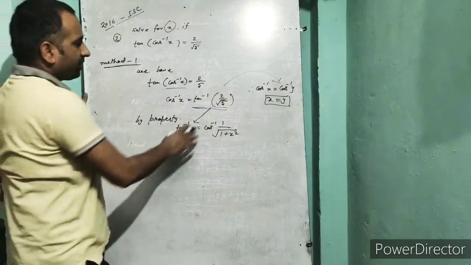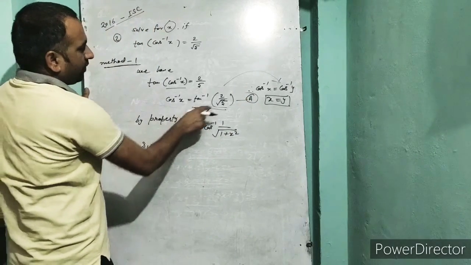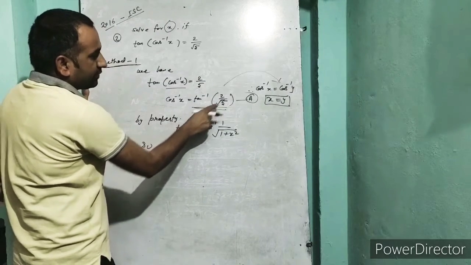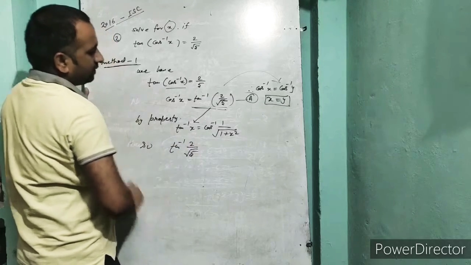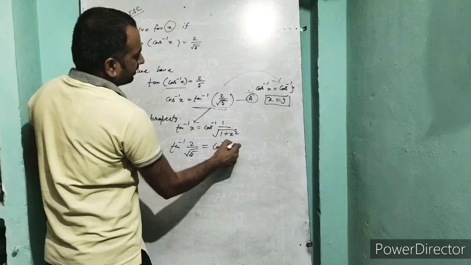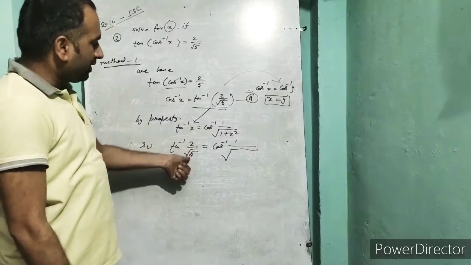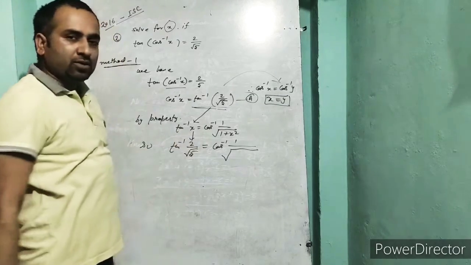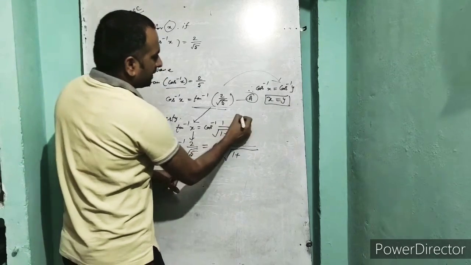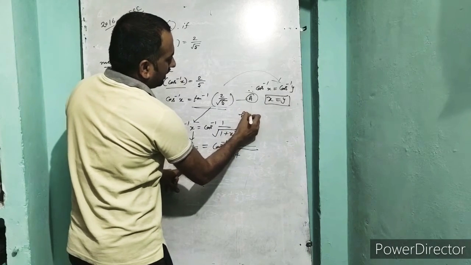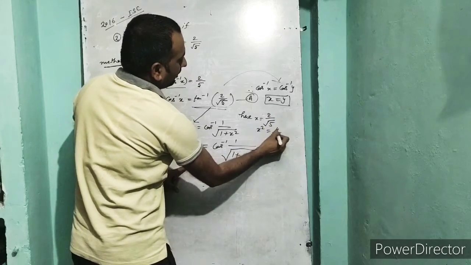Suppose this is equation number A. Here x is 2 upon root 5, so tan inverse 2 upon root 5 will give cos inverse 1 upon under root 1 plus x square. Here x is 2 upon root 5, so x square is 4 upon 5.